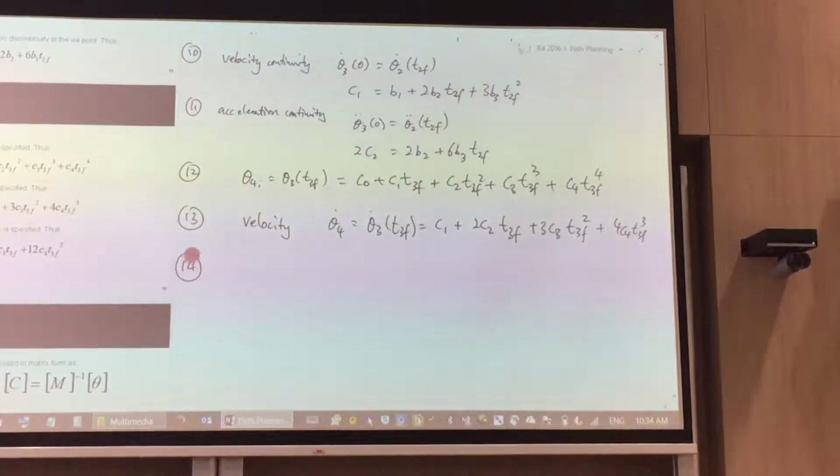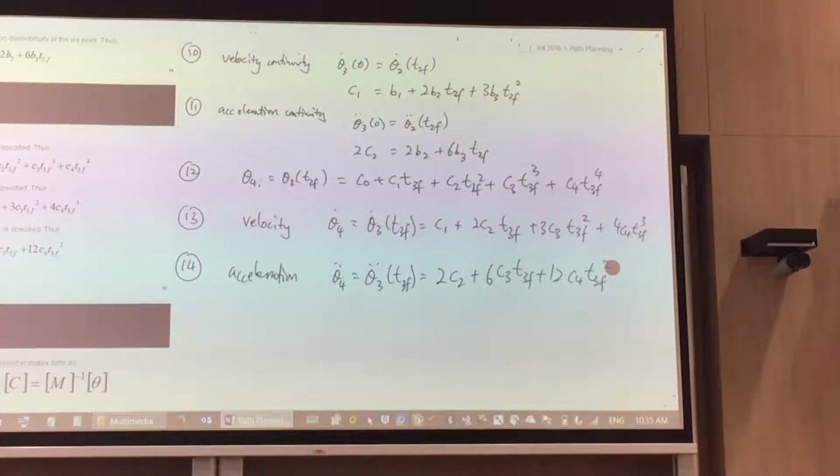The last boundary condition is the acceleration of that final point. The acceleration of that is equal to the third segment at t3f. So that will get us 2c2 plus 6c3 t3f plus 12c4 t3f squared.